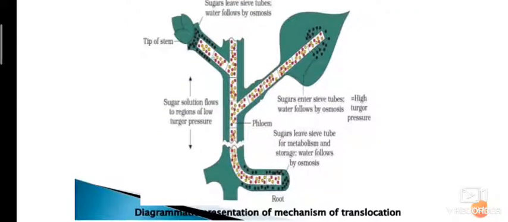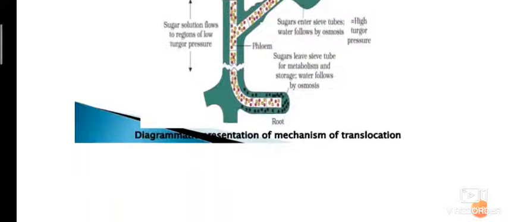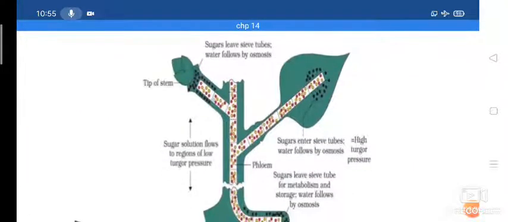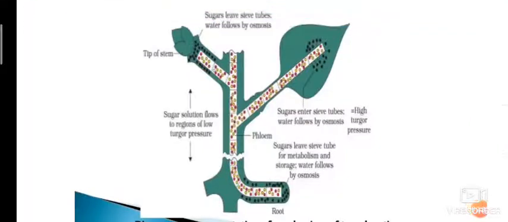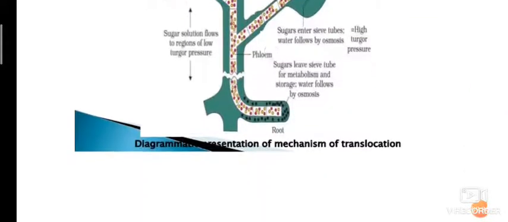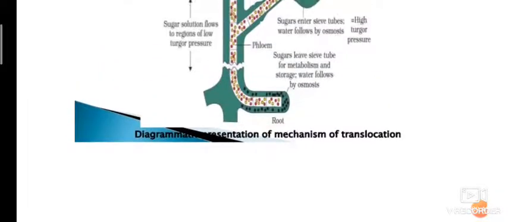In the leaves, the sugar enters the sieve tubes, and water flows by osmosis, creating high turgor pressure. The sugar leaves the sieve tubes, water flows by osmosis, and at the tip of the stem the sugar solution flows, resulting in low turgor pressure and high turgor pressure. The phloem flow is in a downward direction, while the water is always in the upward direction.